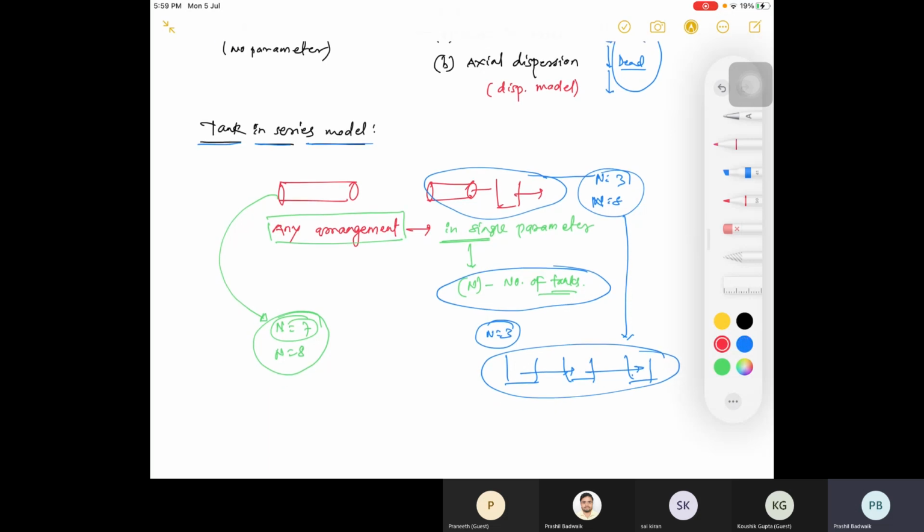And why is it a single parameter model? I already told you, because... anyone? Single parameter model. Kaushik?